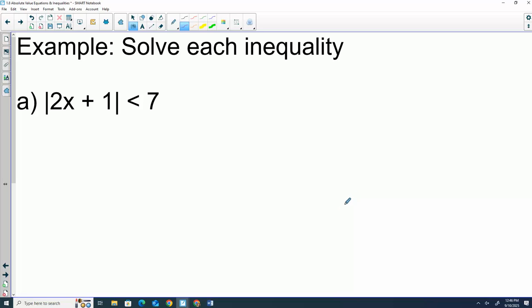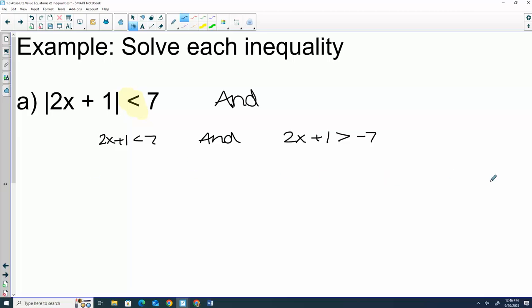So when I see less than, is that and or or? And. You can do it two different ways. Some people like to write two separate inequalities with an and in the middle, which is fine. When you do this one, you have to flip it and make it a negative. The only problem is then some people get to the end and they don't know how to interpret their answer on this.